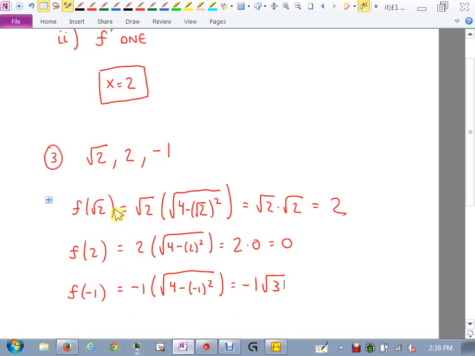All right, we're just plugging numbers into the original function here, right? The original function was x square root of 4 minus x squared. I'm getting 2, 0, and negative root 3 as my answers. So we have a maximum of 2 and a minimum of negative root 3.